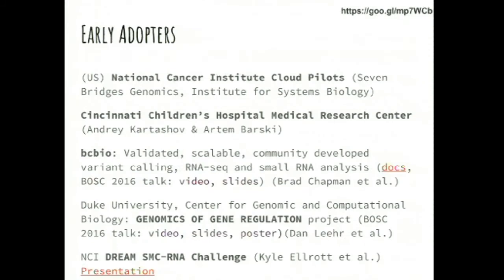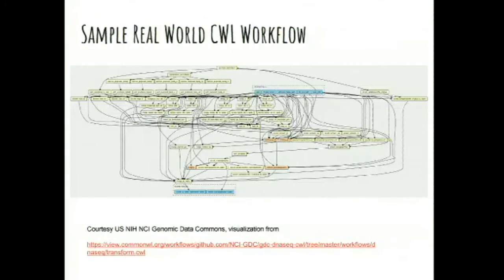I should probably replace this slide, hopefully in a month or so, with presentations from this year's Bioinformatics Open Source Conference. But here are the CWL presentations from last year. I really invite you to go to the URL, and you can click through and read about some of these very early adopters. But now let's get into some real details of what this looks like.